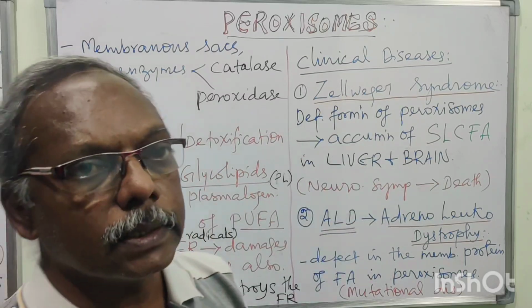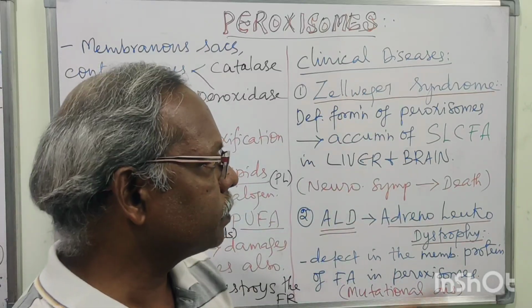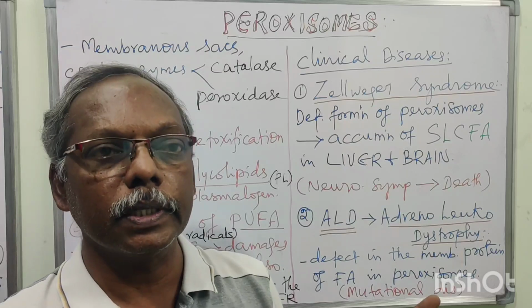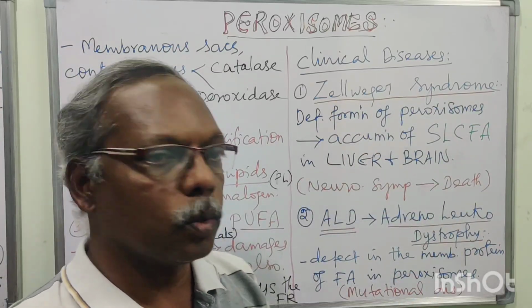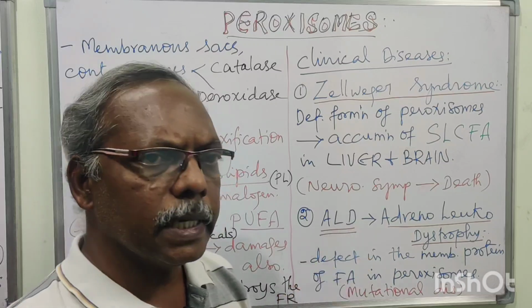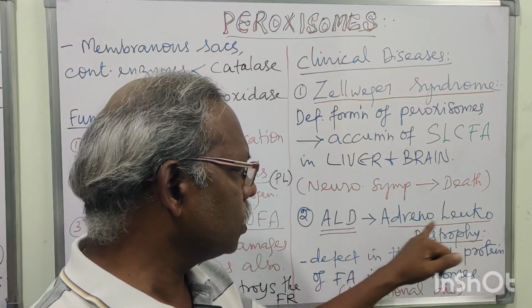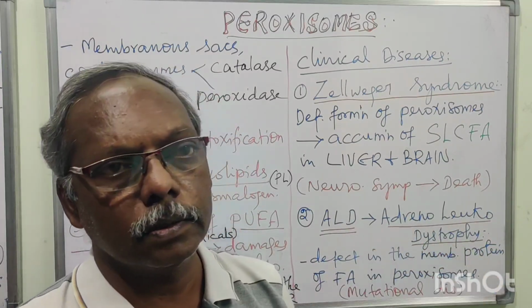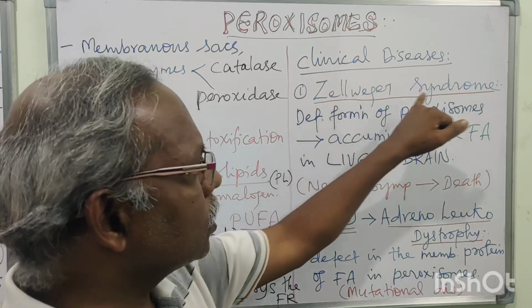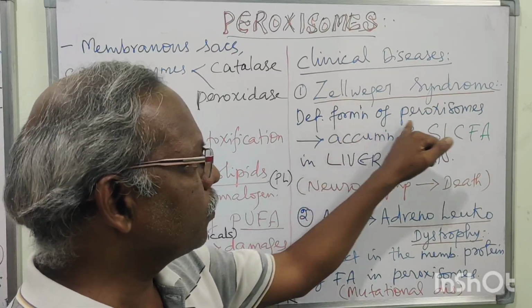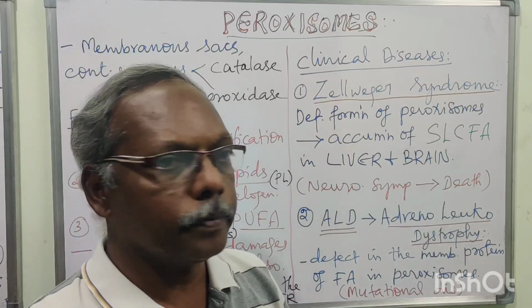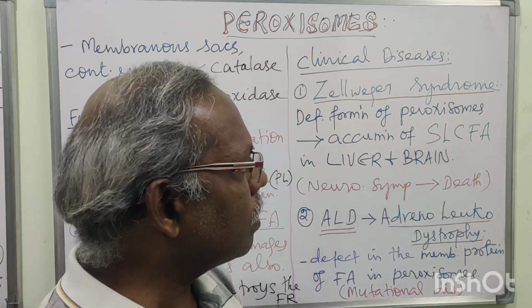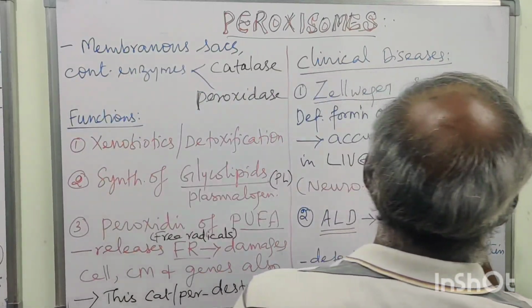Coming to the clinical diseases, we have so many diseases, but these two are very, very important: Zellweger syndrome, and another one is ALD, that is adrenoleukodystrophy, right? In Zellweger syndrome, what happens? There is defective formation of peroxisomes that leads to accumulation of saturated long chain fatty acids.